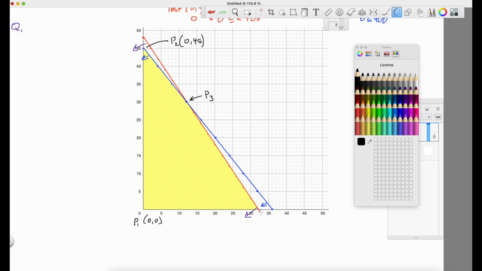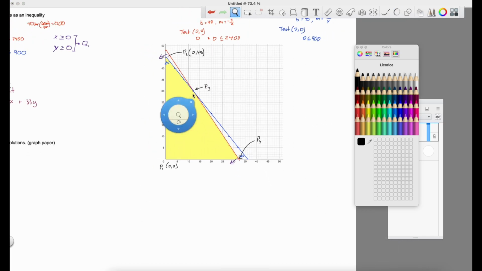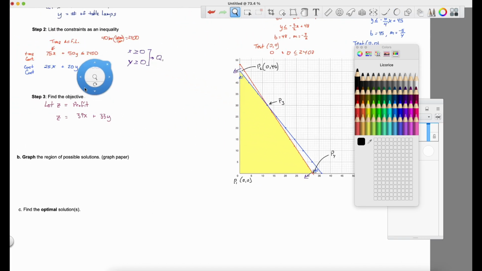And then we have another point here, P4. Not terribly clear there either. So we need to determine P3 and P4 a little bit better. So P3 is where our two blue lines intersect right here.